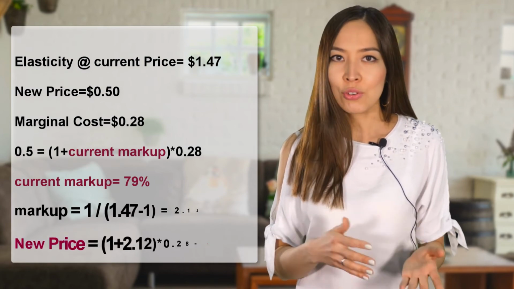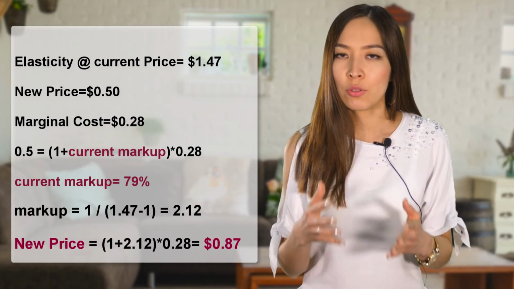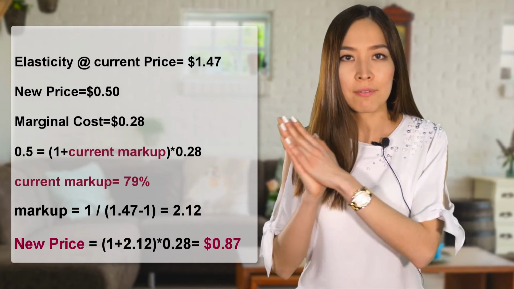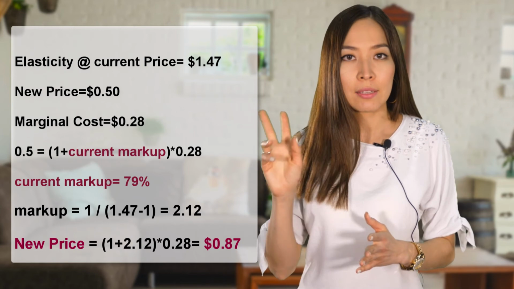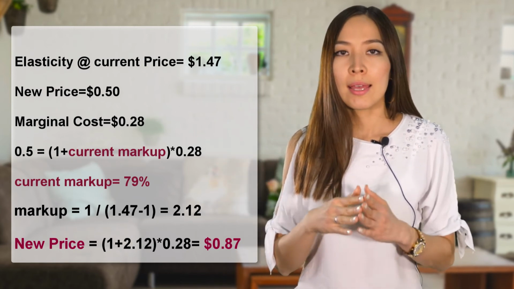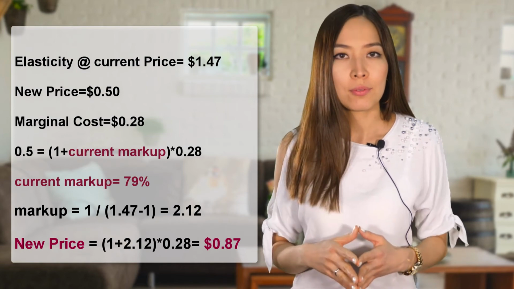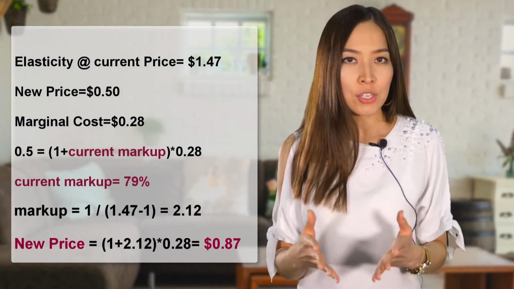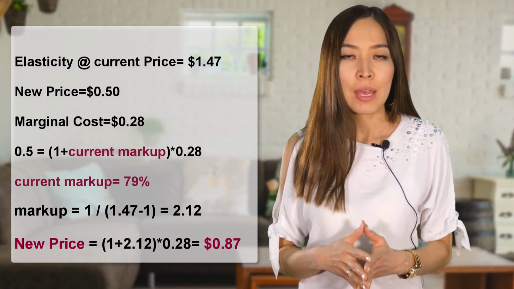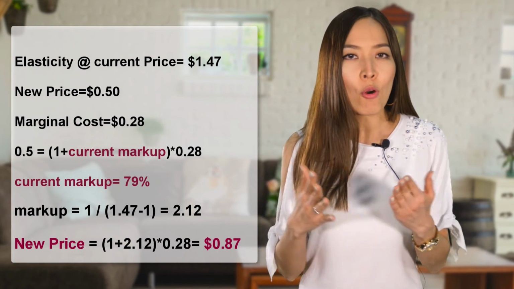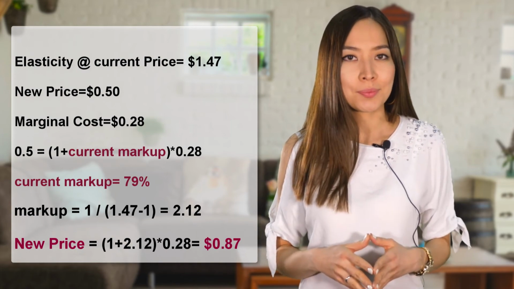After that, they try the second formula, the markup based on current elasticity of demand. Using the same formula as given, 1 divided by 1.47 minus 1 is 2.12, which means that according to the information about the reaction of people to price change, there is a possibility to have a markup of more than 200%.